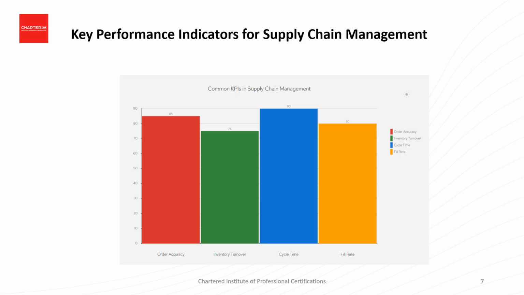Finally, the fill rate. Now, this key performance indicator measures the percentage of customer demand that is met through immediate stock availability without back orders or lost sales.